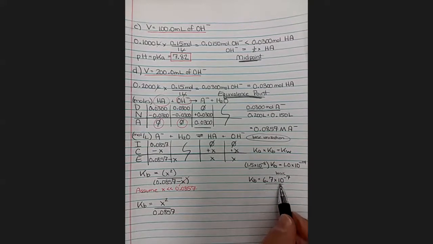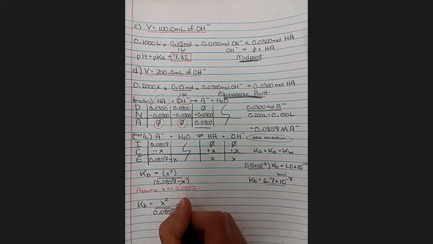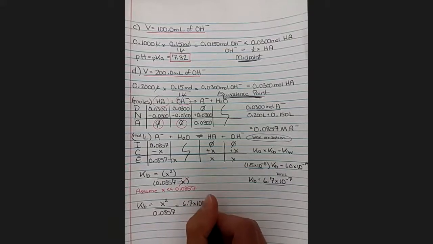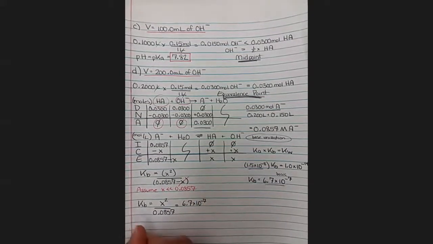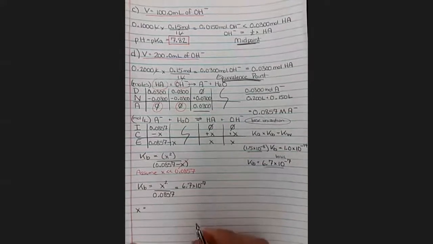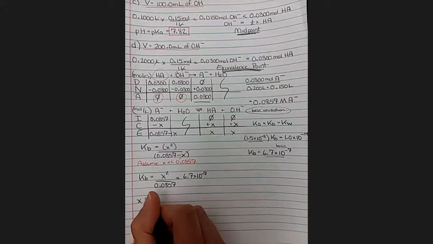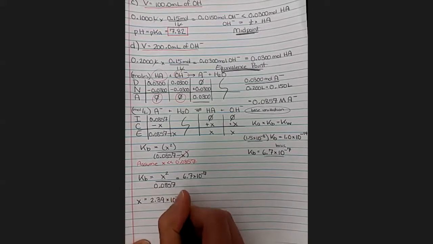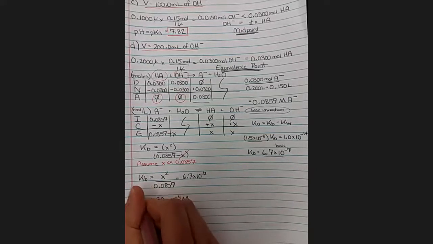So our conjugate base is slightly more basic than our conjugate acid is acidic. All right, 6.7 times 10 to the negative 7th. So we can solve for x pretty simply here because of our assumption, and we get 2.39 times 10 to the negative 4 molar. And we'll check our assumption.